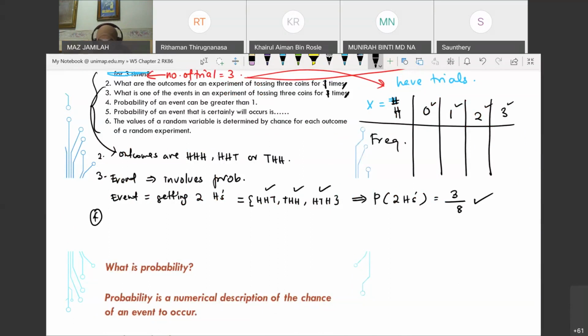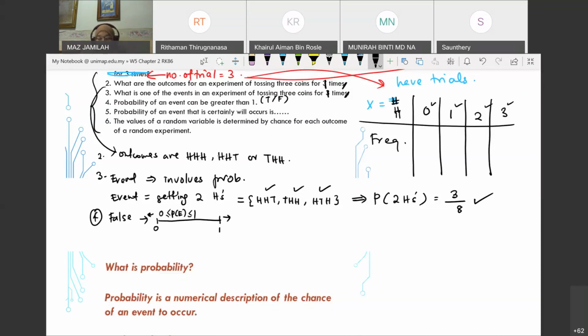Probability of an event can be greater than 1. True or false? Class, true or false? False. Why false? Remember, probability can take values from 0 until 1, not lower than 0 and not greater than 1.